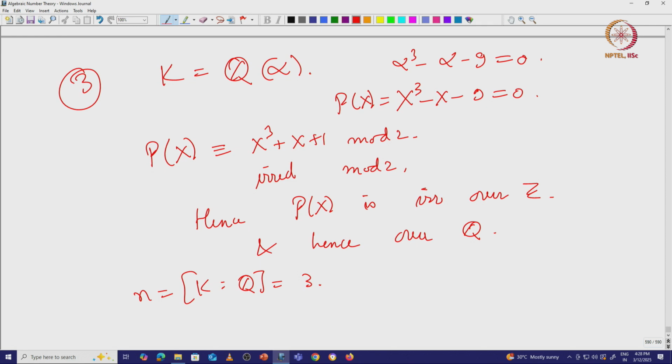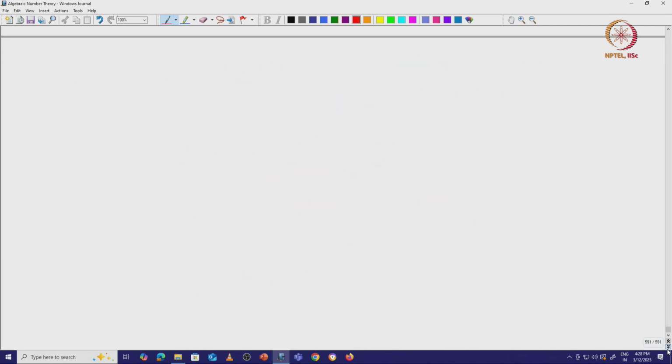Okay, alpha cubed minus alpha minus 9 is less than 0 if alpha is less than 0, for example, and alpha cubed minus alpha minus 9 is bigger than 0 if alpha is bigger than 3.